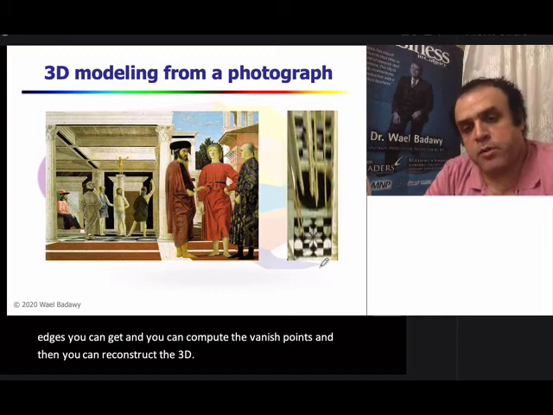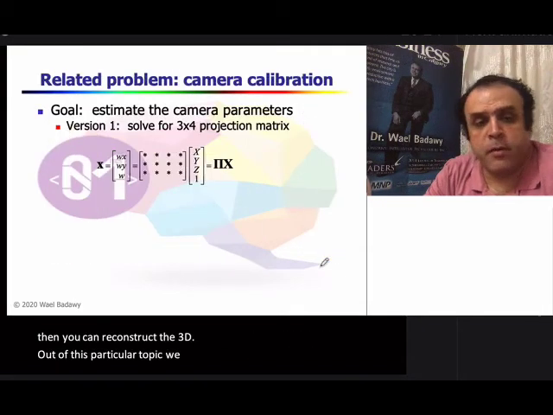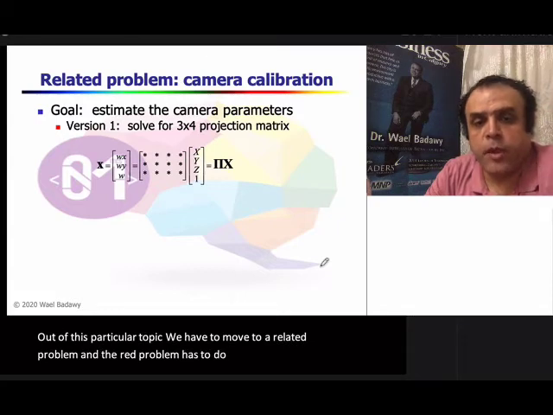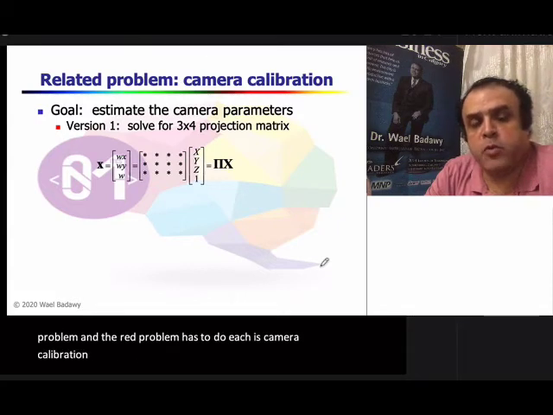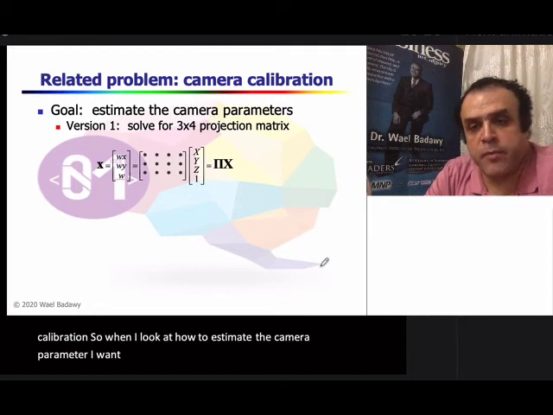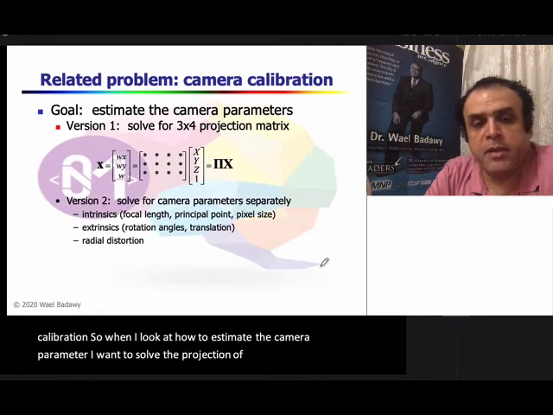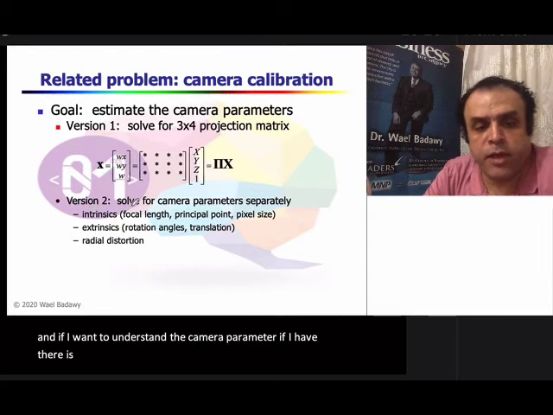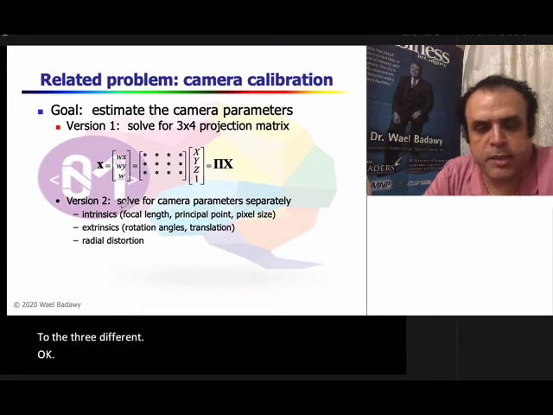Out of this particular topic, we have to move to a related problem, which is camera calibration. So when I look at how to estimate the camera parameters, I want to solve for the projection of the camera matrix. And if I want to understand the camera parameters, there are mainly two characteristics.